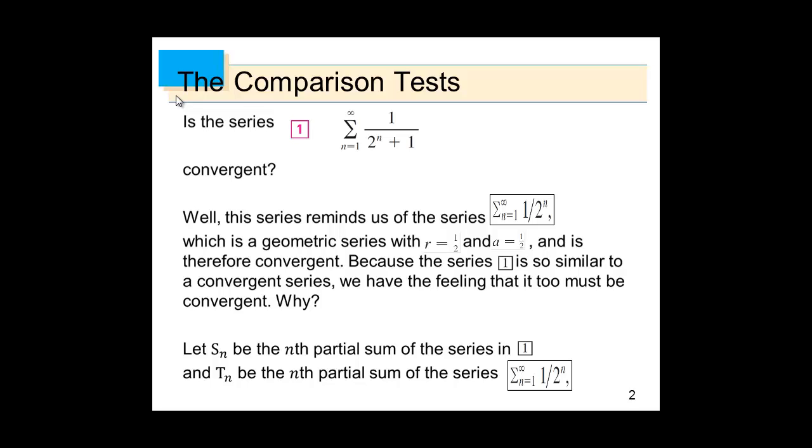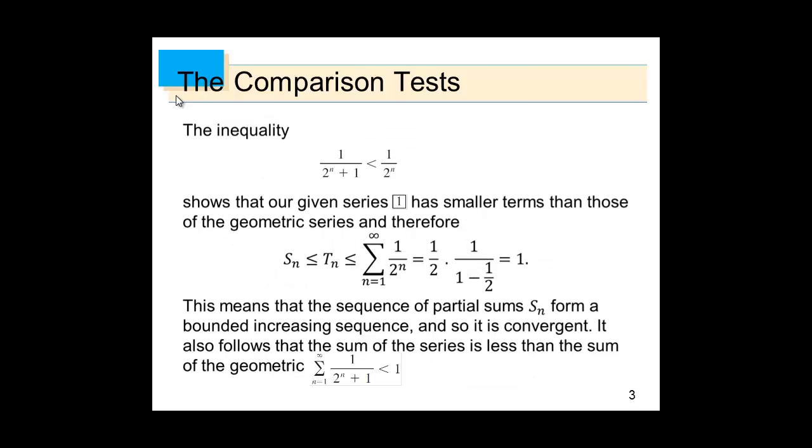And let's compare these partial sums. You guys agree that 1 over 2 to the n plus 1 is smaller than 1 over 2 to the n? Why does that inequality hold? 1 over 2 to the n plus 1 is less than 1 over 2 to the n.